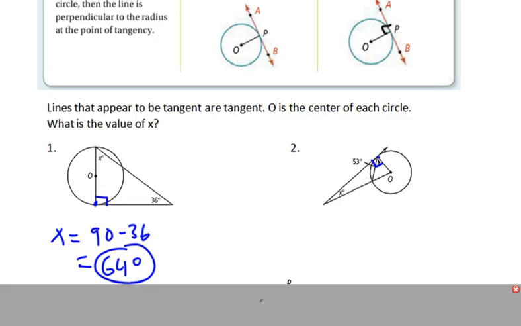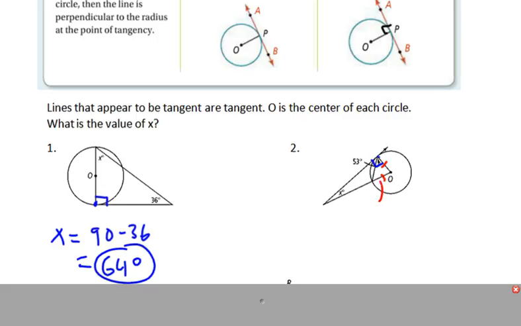So let's just look at what we've got. This took me a while to think about too. But remember, all radii are congruent. So if these two are congruent, that forms an isosceles triangle, meaning the base angles, the ones opposite the congruent sides, are going to be congruent.